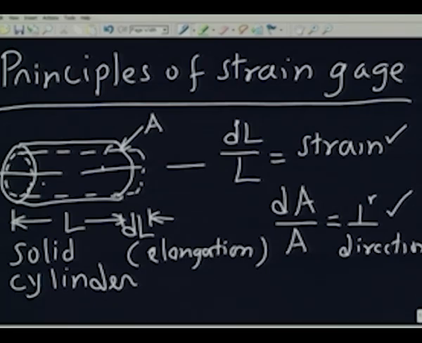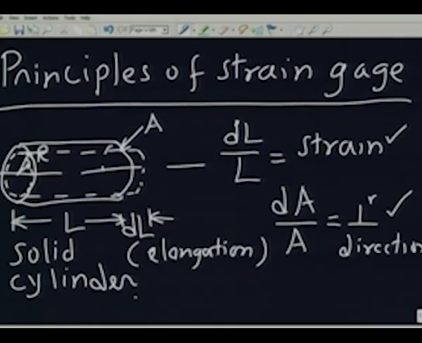Now, the strain in the longitudinal direction is nothing but dl by L, and in this case if the original radius is r, the radius is going to become smaller.